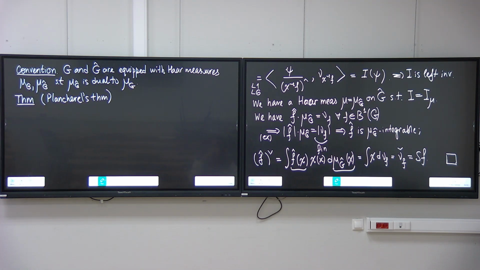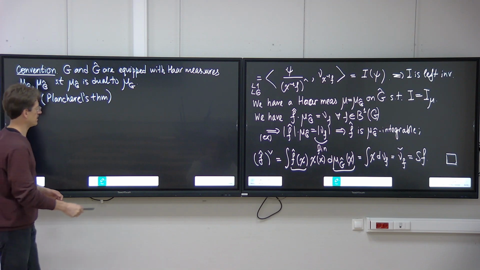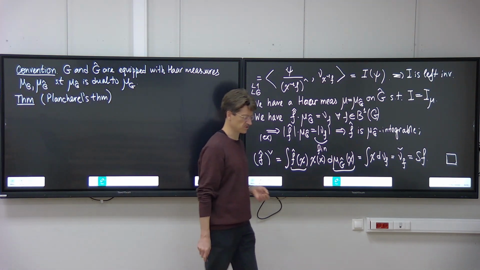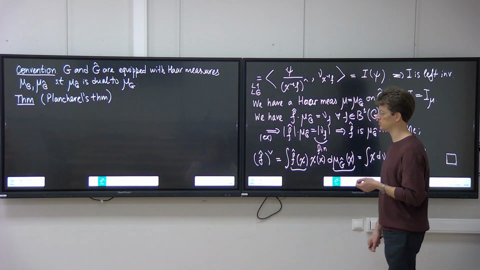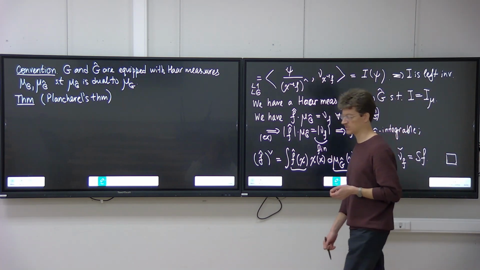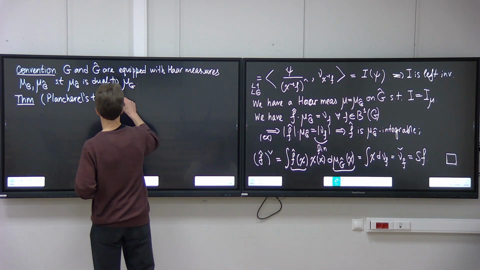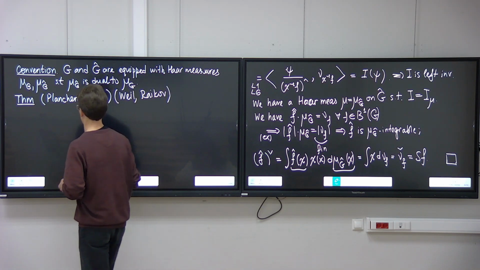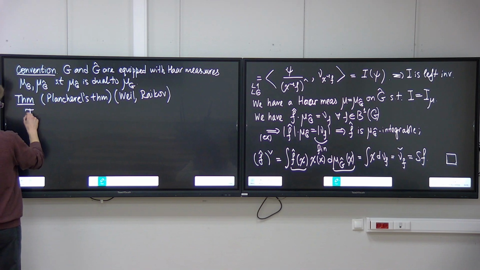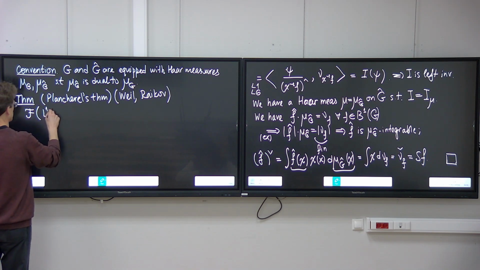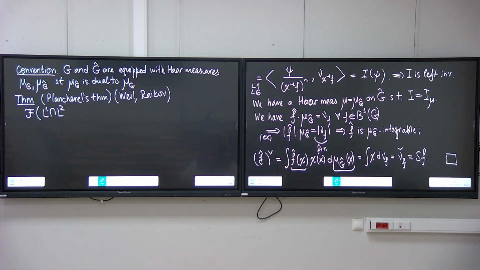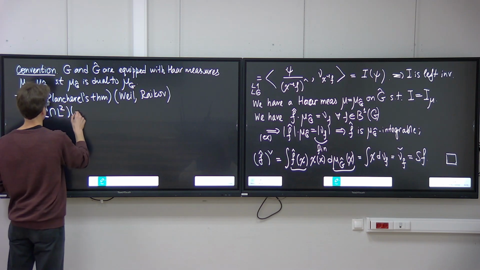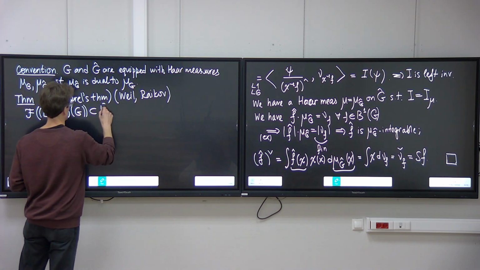Well, again, it is usually referred to as Plancherel's theorem, but in fact, Plancherel himself proved it for the real line. And this abstract version, similar to the inversion formula, is due independently to Andre Weil and Dmitry Abramovich Raikov. The Fourier transform, first of all, if we restrict it to the intersection of L1 and L2 of G, takes it to L2 on the dual group.